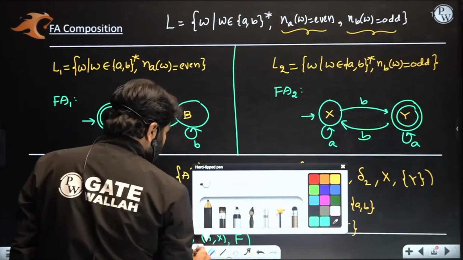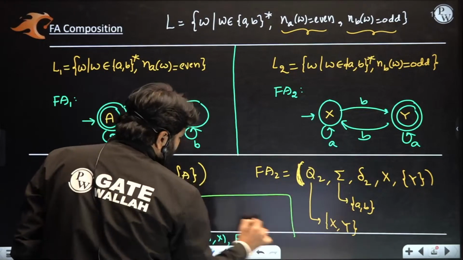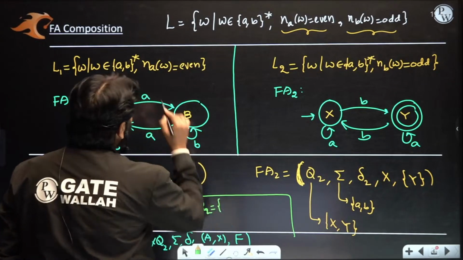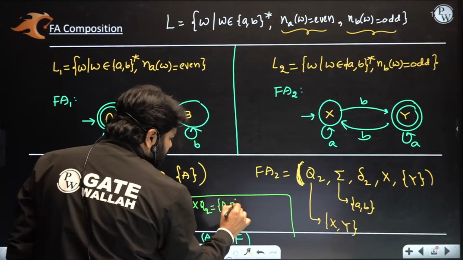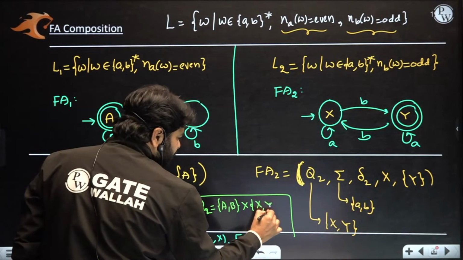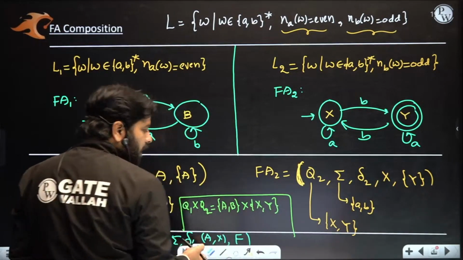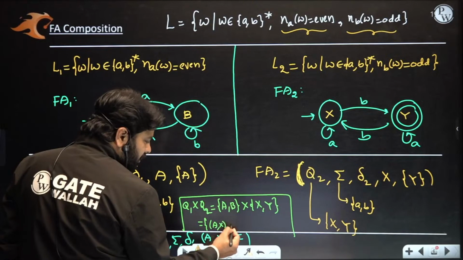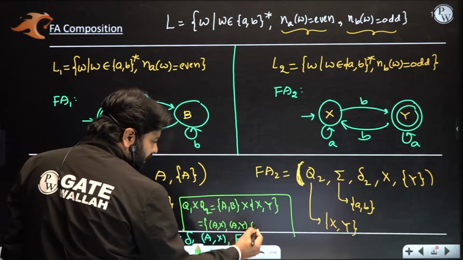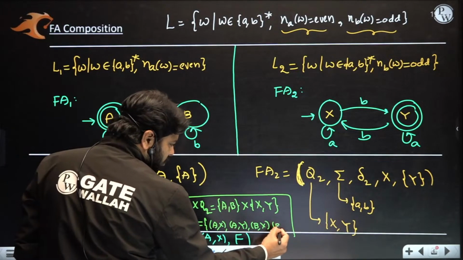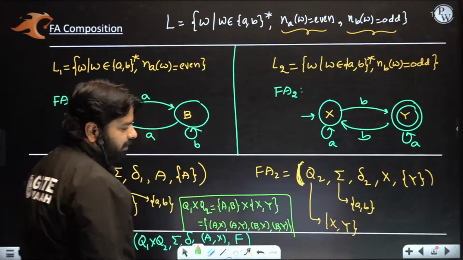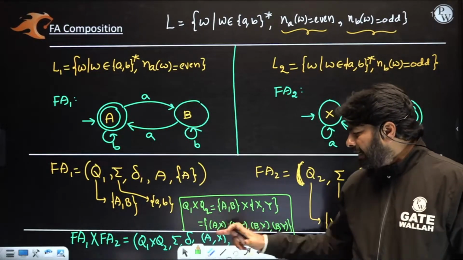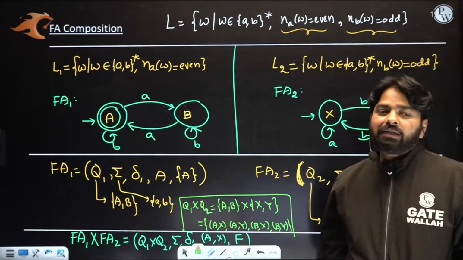Q1 is A comma B and Q2 is X comma Y. So with X comma Y and A comma B, in total you will get 4 pairs: A comma X, A comma Y, B comma X and then B comma Y. It's very easy, right? You have 4 states. Among them you will have A comma X as the initial state, and who will be the final, that we will decide at the end.